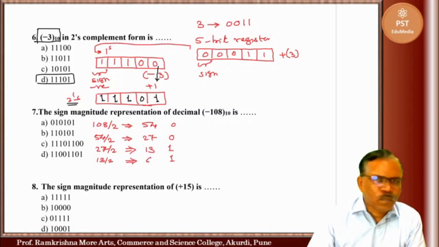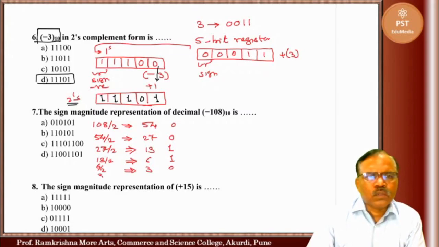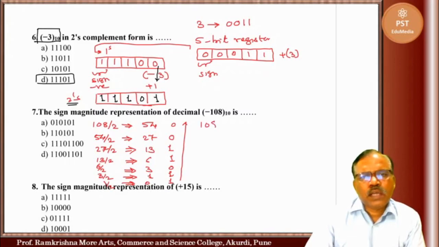And now 6 by 2, division is 3, remainder is 0. Now 3 by 2, division is 1, remainder is 1. And then 1 by 2, division is 0, remainder is 1. And then we read from this to this. So 108 in binary format is 1 1 0 1 1 0 0.